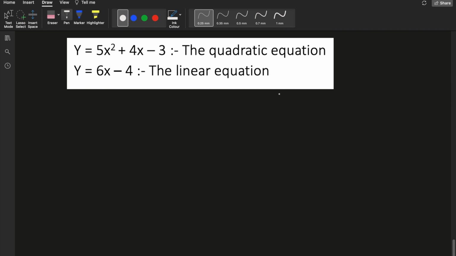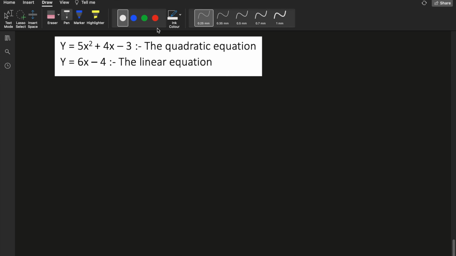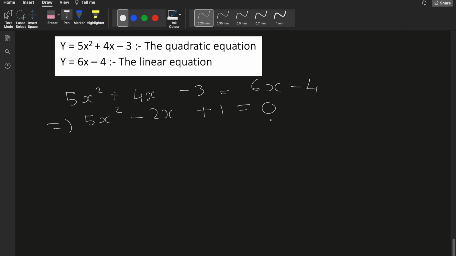Okay, so this is our question. Let's equate the quadratic and linear equation. Minus 3 equals 6x minus 4. We can transpose the terms to this side. This implies that 5x squared minus 2x plus 1 equals 0.